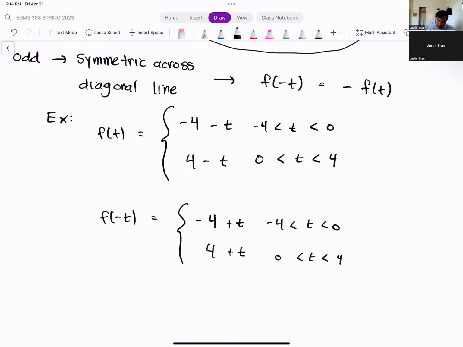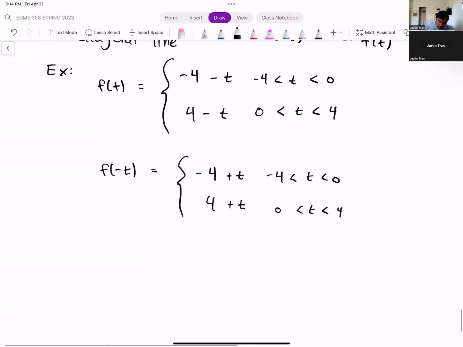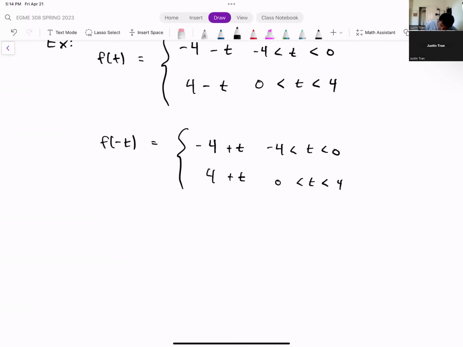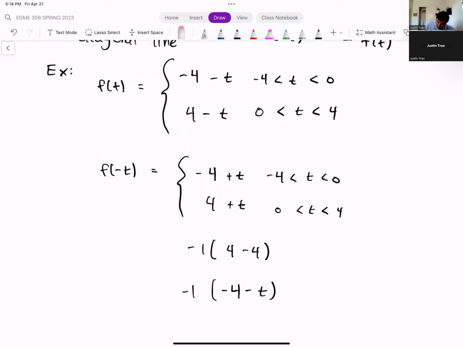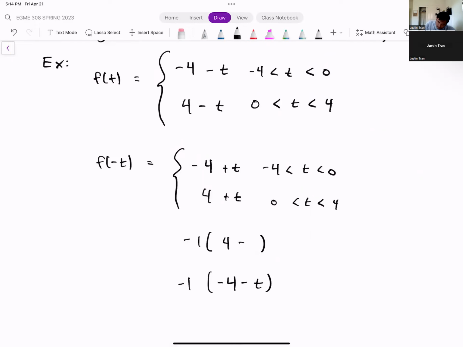So what I'm going to do is factor out a minus 1 here. We factor out a minus 1, we get minus 1 times 4 minus t. Then down here we have a minus 1, and we have a minus 4 minus t. I'm getting my t's and 4's mixed up.